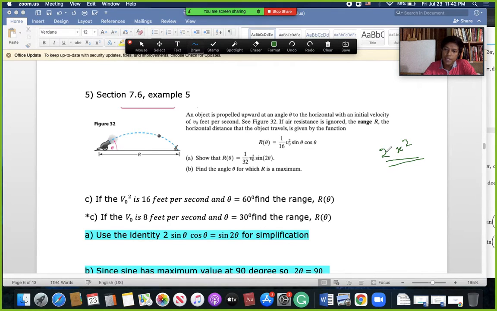You can make this 2 into 4, 4x square. But if you want to make this 2 into 4, then you will have to divide by 2 also. Then 2 and 4 cancel out, so you will get half. Then you write this half outside, and we can write it as half of (2x) whole square. Although everything is not whole square, something is outside the bracket now, but these things became whole square, which is what we wanted.